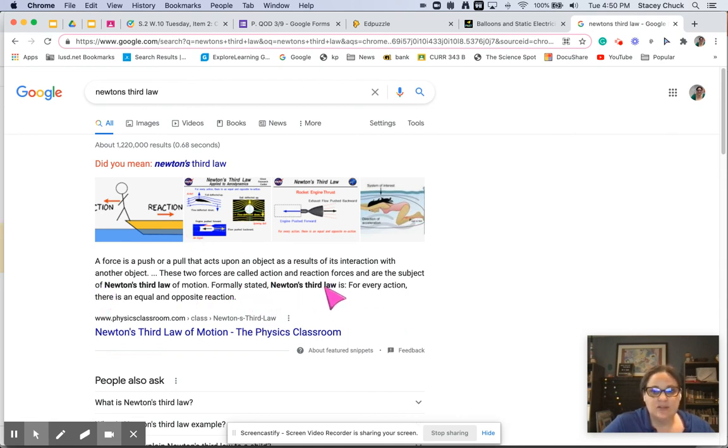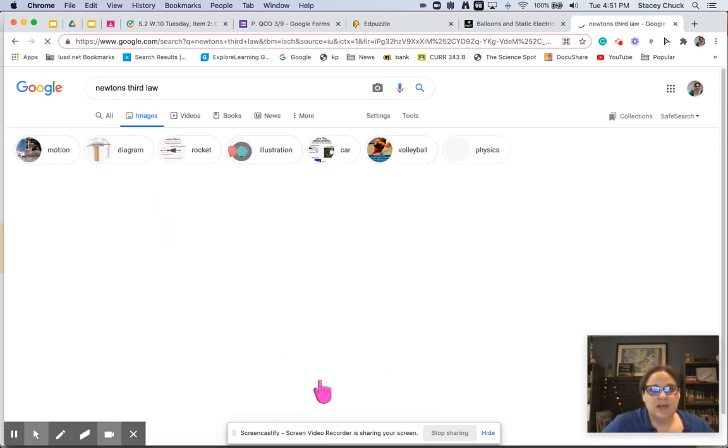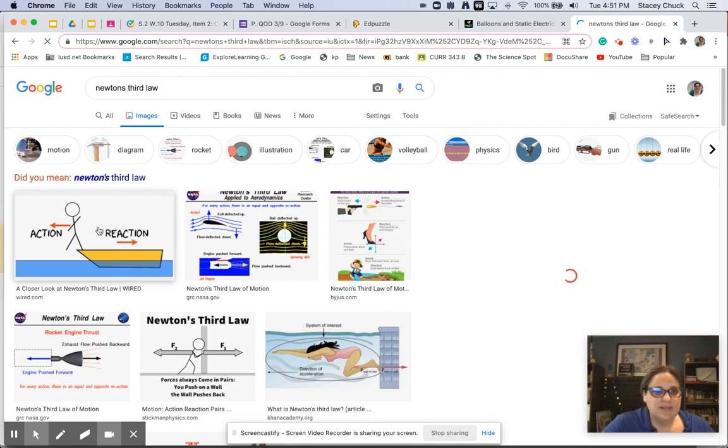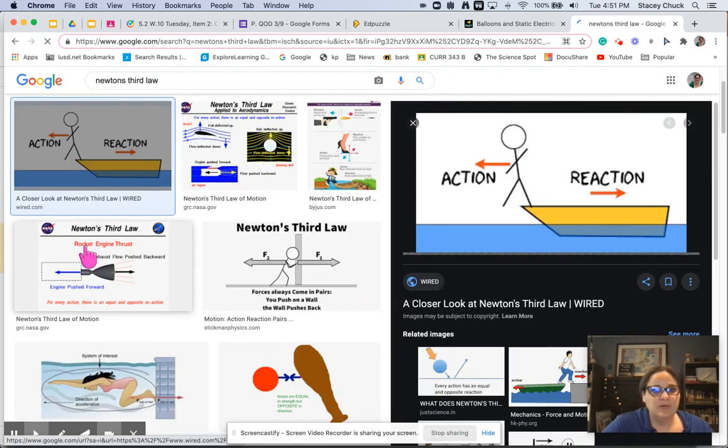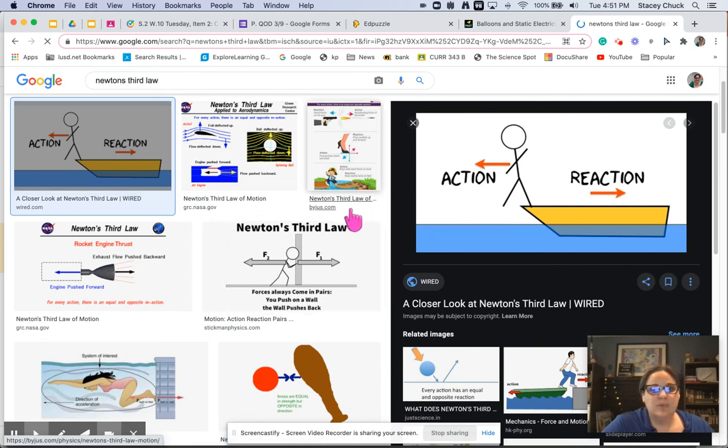Formally stated, Newton's third law is, for every action, there is an equal and opposite reaction. So if I push on the wall with 50 newtons of force, the wall pushes on me with 50 newtons of force. In this simple drawing here, we see the action force is the person pushing on the boat, and the response is the boat pushing on the person.